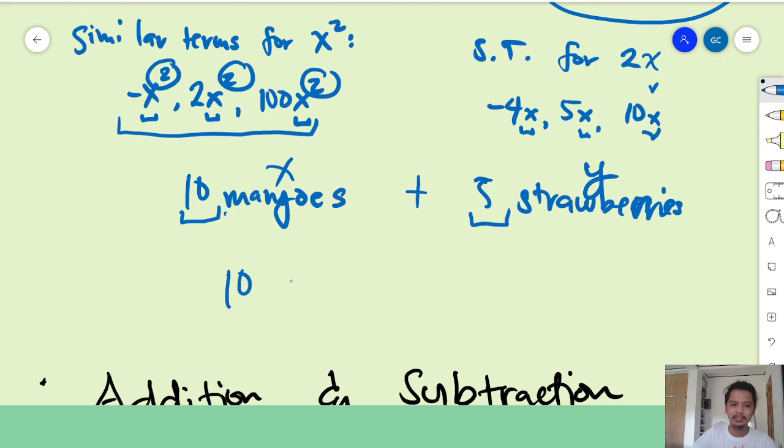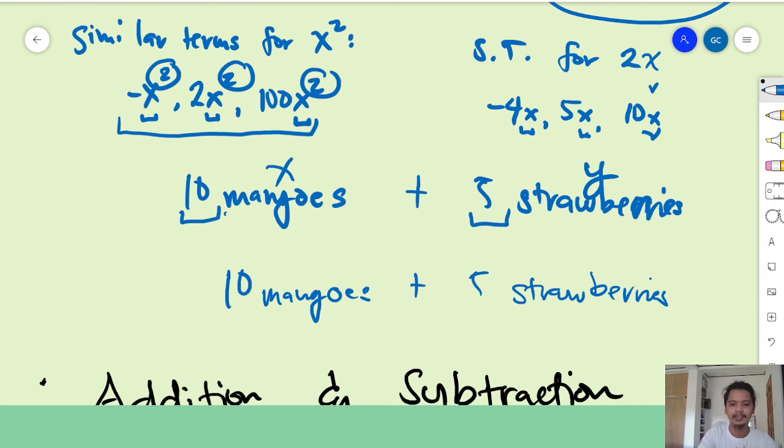Dapat dito sa algebra, ang pwede lang natin ipag-add ay yung mga pare-parehas yung terms, or yung tinatawag nating similar terms. So, this is just equivalent to 10 mangoes plus 5 strawberries. We just need to rewrite that.